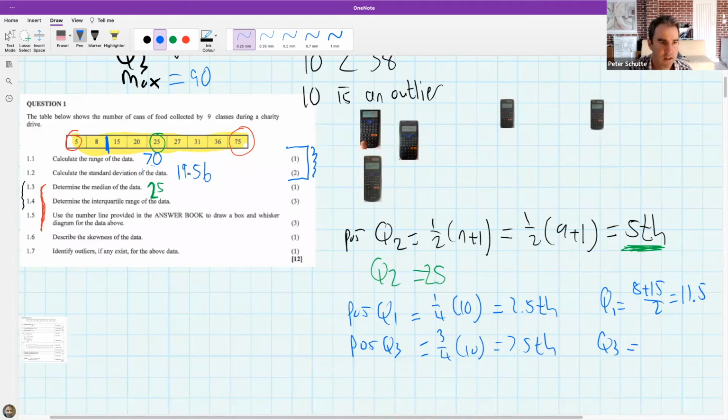And Q3, 6, 7, 8. So halfway between here, 31 and 36. And we should get 33.5.